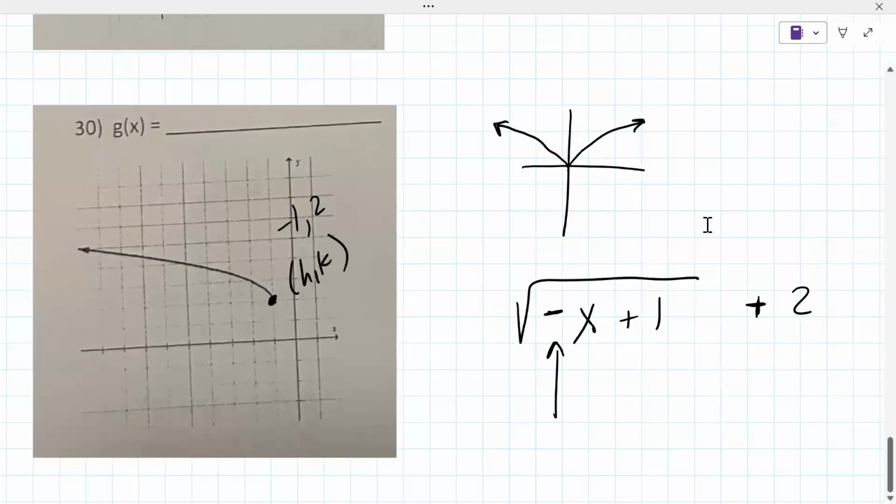32 is a flip over both the x and the y axis. Let me get that up.